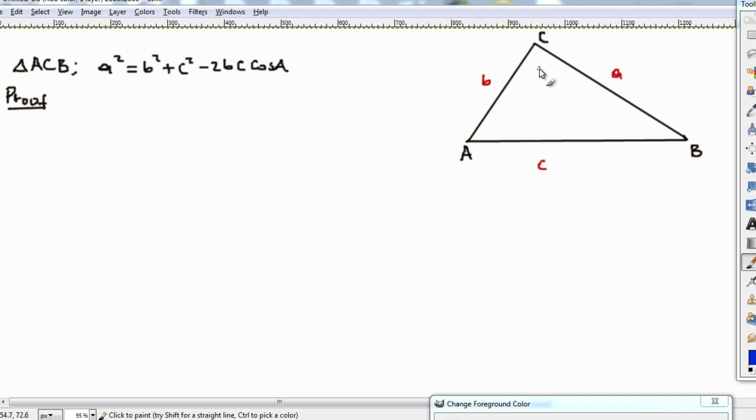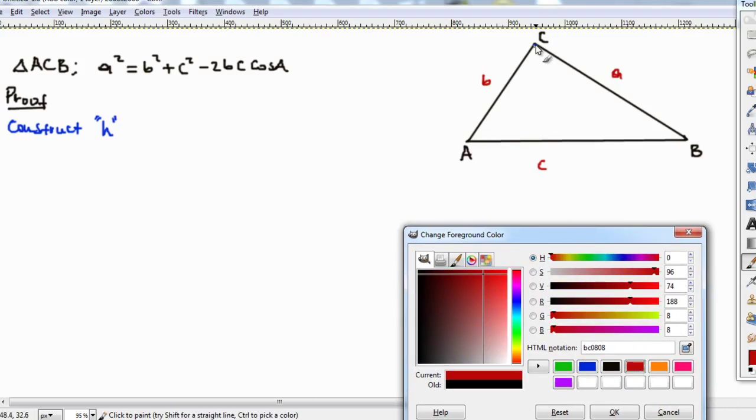So the first thing we do is divide this into two right angle triangles by constructing the height H. The height is perpendicular to the base, because if it is not perpendicular, it will not form the 90 degree angles here. So this will be H.